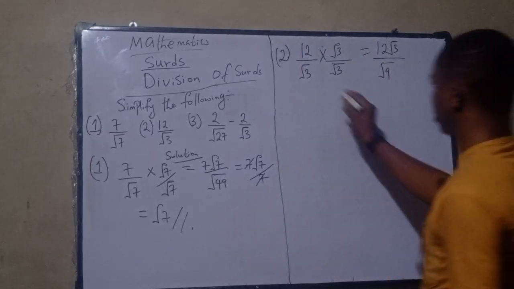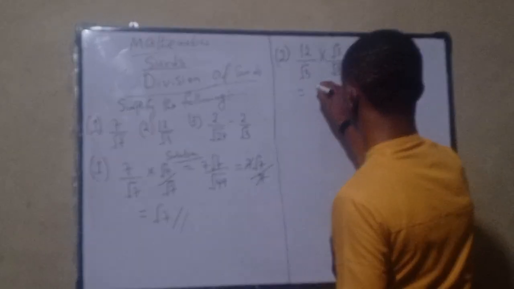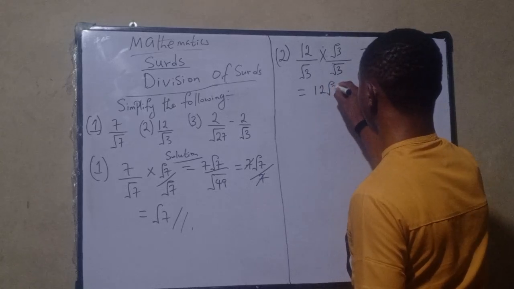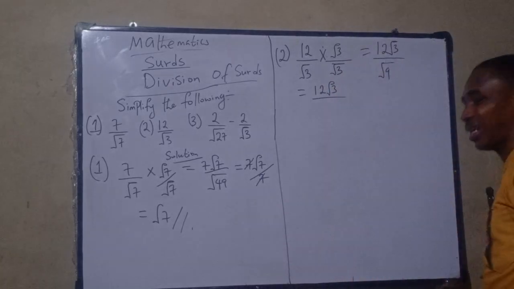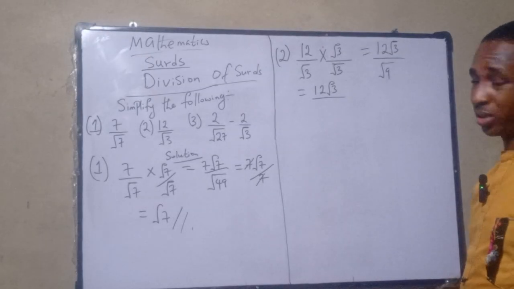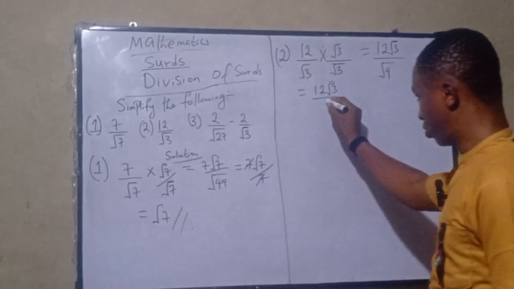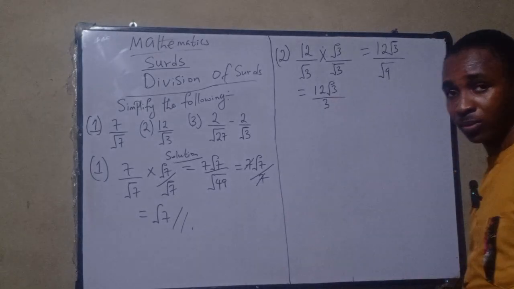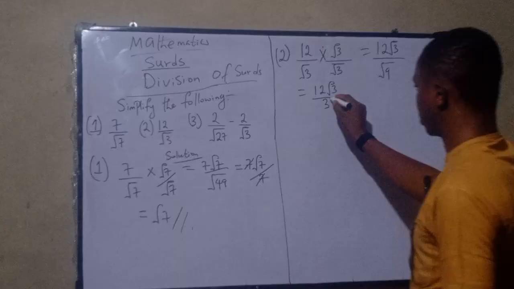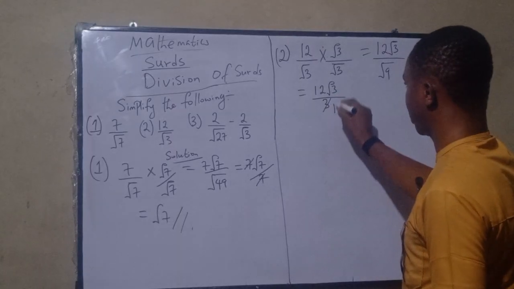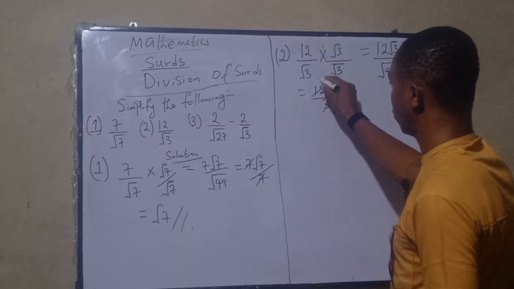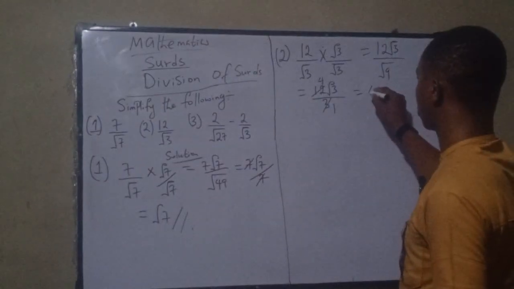If we proceed, this will be equal to 12 root 3 all over the square root of 9. The square root of 9 is 3, because 3 times 3 will give you 9. So 3 divided by 3 will give you 1. 3 into 12 will give you 4, right? 4 times root 3.